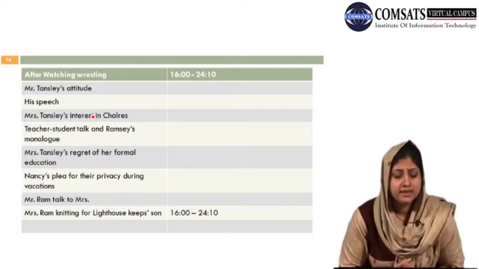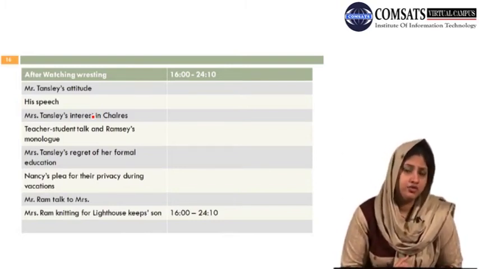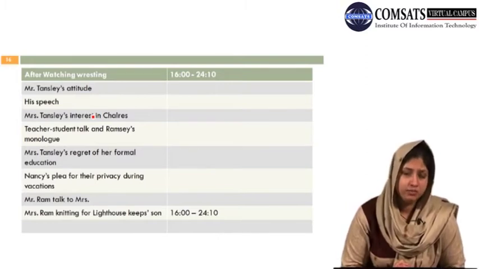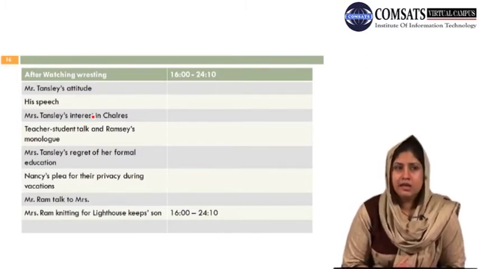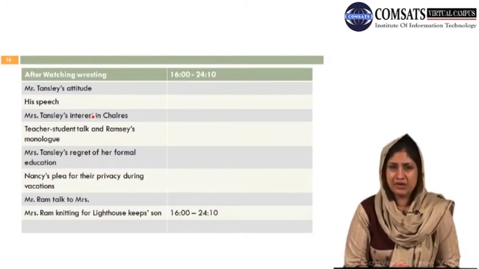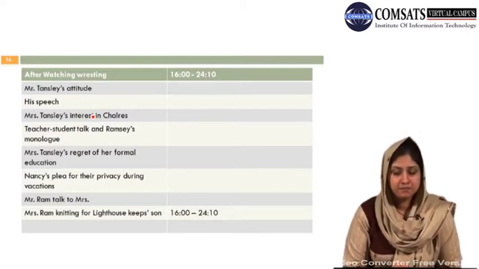You will also see Mr. Tansley's regret of his formal education, though you could have watched this in a previous clip, that this difference of education does not create a big gulf between both of these characters. As a matter of fact, what creates this gulf is something else.